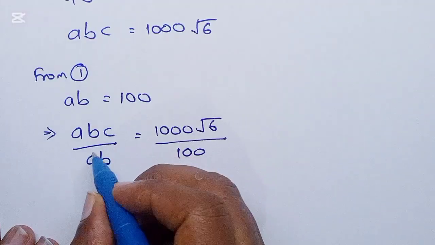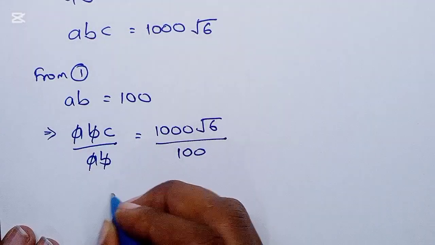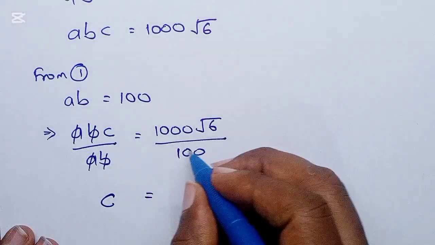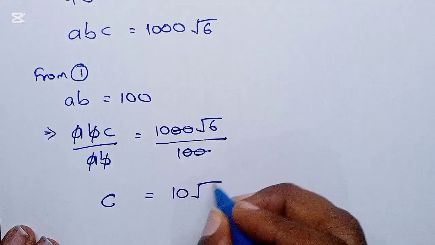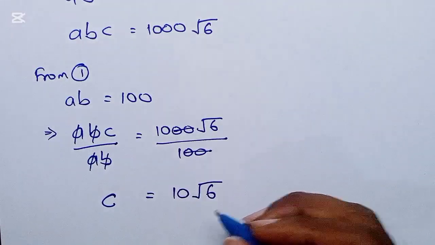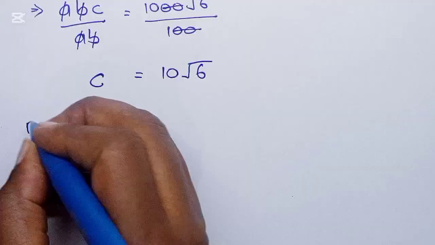So as you can see, this A cancels with this A, this B cancels with this B. Therefore, we are left with C. C is equals to, these two zeros cancel with these two zeros, and we're left with 10 root 6 as our C.